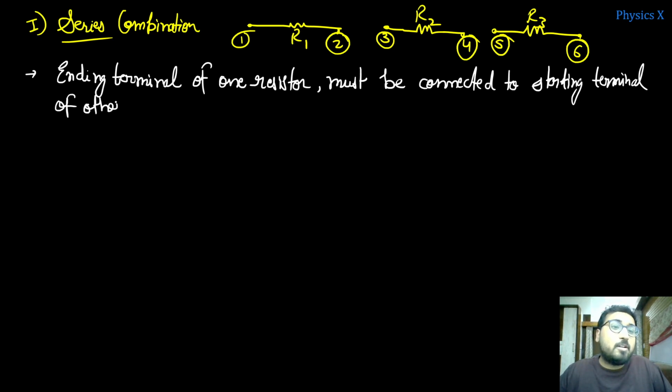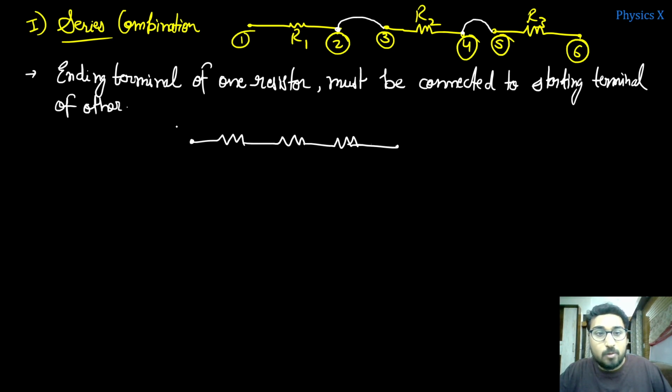So this is a general feature of connection in the case of a series combination. What I mean is that suppose I am going to connect them in series, then what I should do is this second terminal must be connected to the third. That is, the ending terminal of this first resistor is connected to the starting terminal of the R2 resistor. And again in this case the ending terminal of this is connected to the next one. And I am now left with this series combination. That is, now the circuit becomes like this, right?